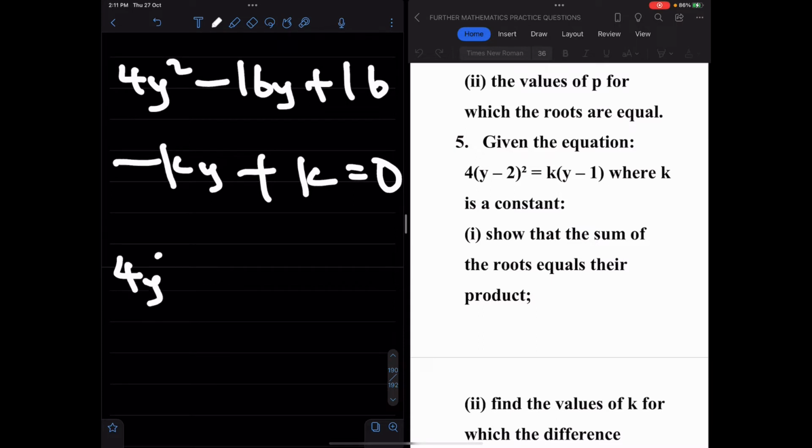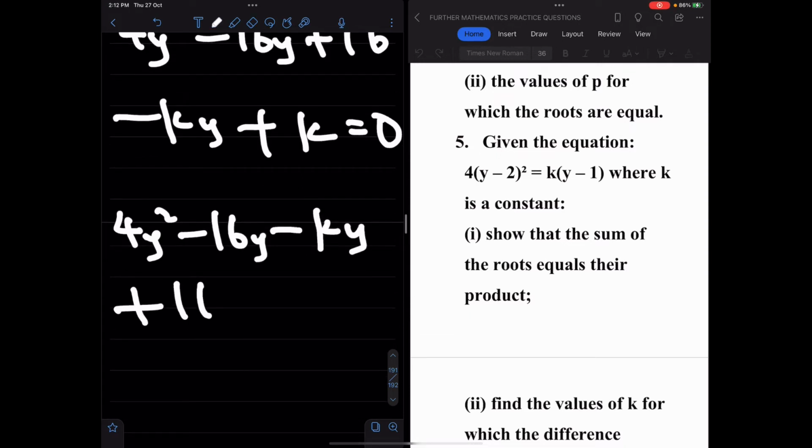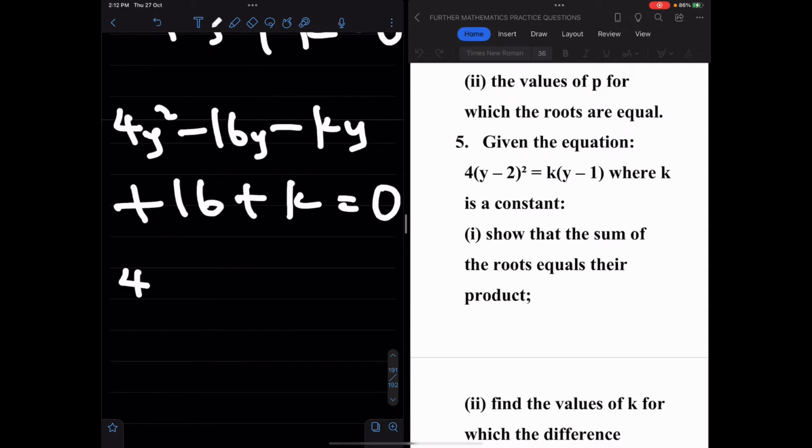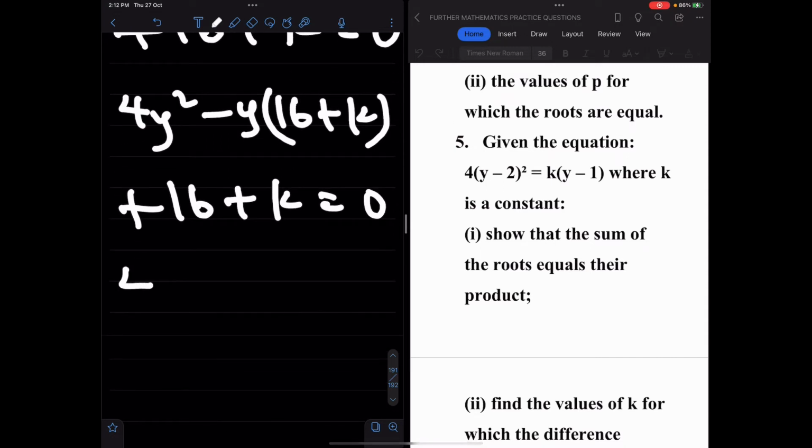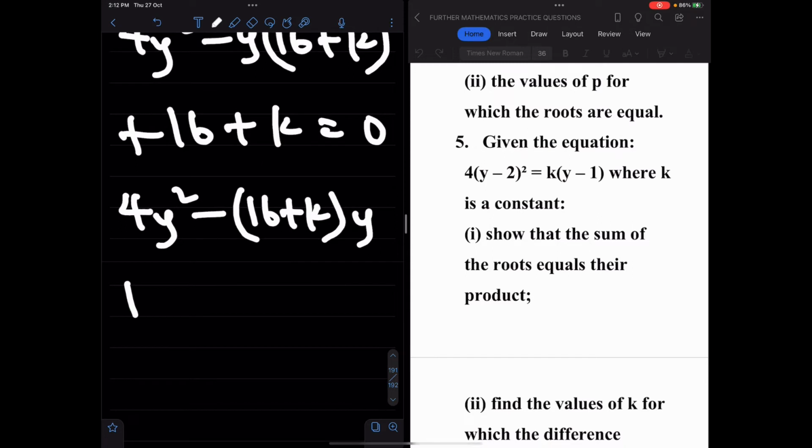And this is the same as 4y squared minus 16y minus ky plus 16 plus k equals 0, which is the same as 4y squared minus y into bracket 16 plus k plus 16 plus k equals 0. Now I want to rewrite that as 4y squared minus into bracket 16 plus k times y plus 16 plus k equals 0.